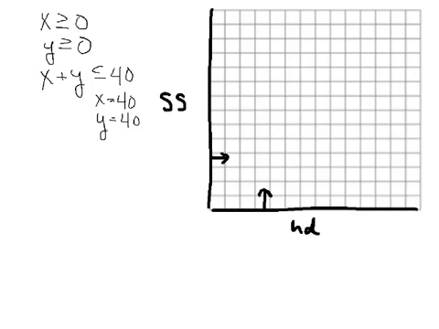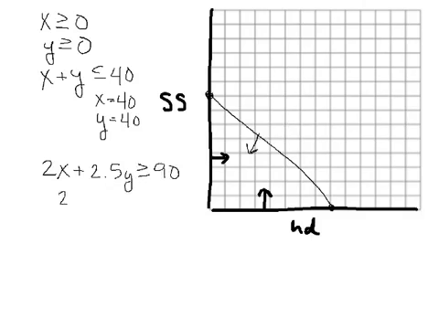5, 10, 15, 20, 25, 30, 35, 40. Draw a line, and it's less than, so this line is shading down. Okay, the other one is 2x plus 2.5y is greater than or equal to 90.